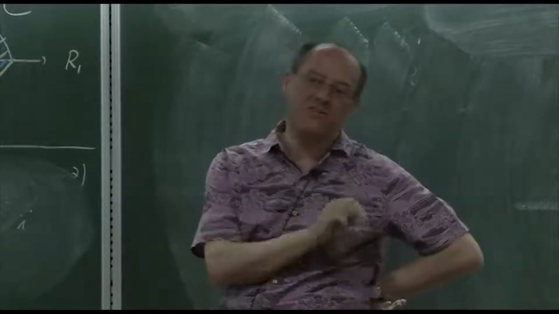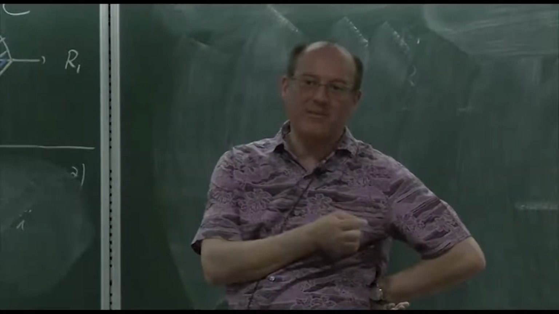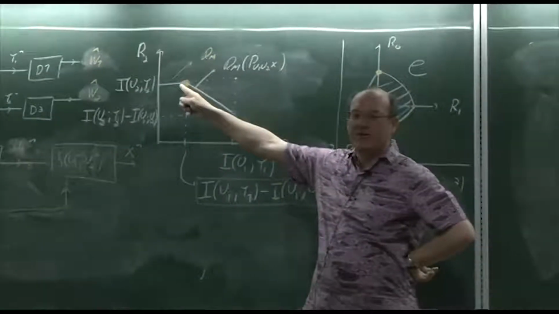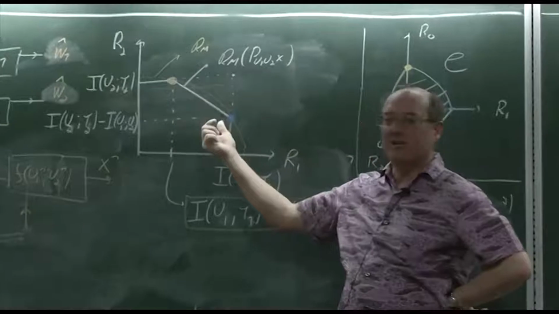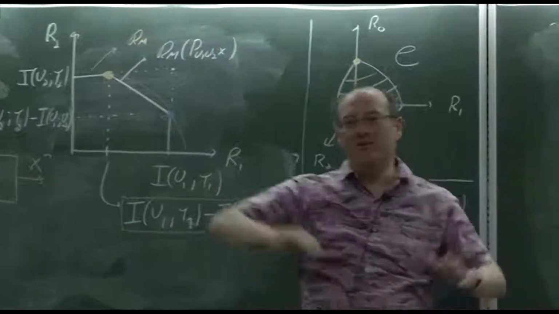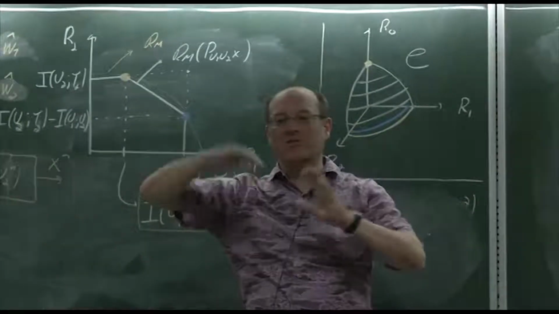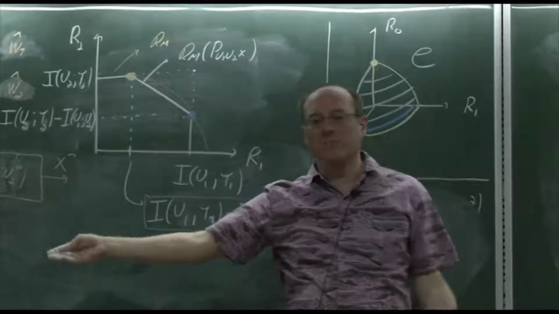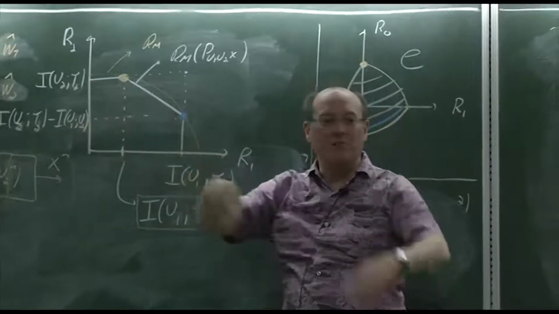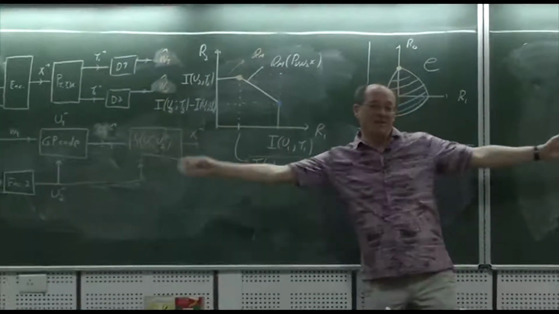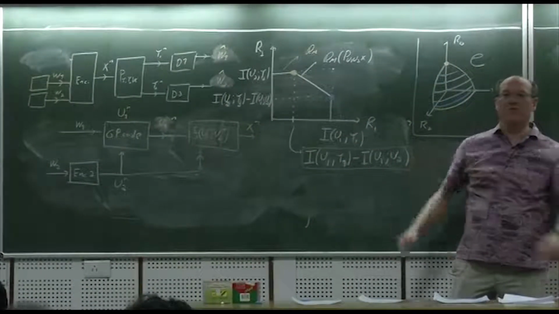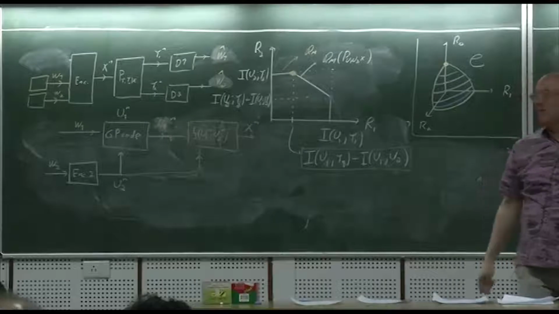One disadvantage of time sharing is the delay, right? To operate reliably here, I already need long codes. To operate reliably here, I need another set of long codes. And then to operate in the middle, I double the delay, right? So I have twice as long coding I have to worry about. And if you have more than two receivers, like 3 or 4 or up to 8, well, now you're really making the delay long because you're averaging over many modes of operation, and that's not something you may like to do.